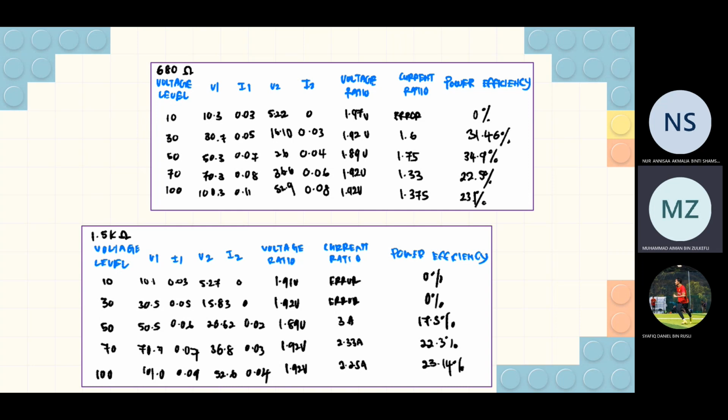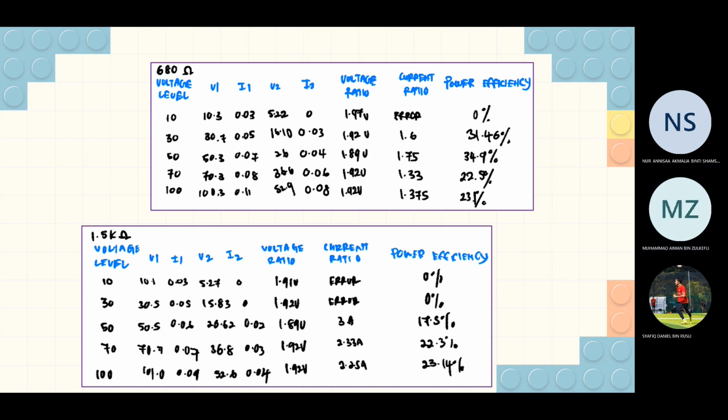For the 30 voltage level, V1 we get 30.5, I1 0.05, V2 15.83, I2 0 also, and the voltage ratio 1.92, so the current ratio is also an error, and the power efficiency is also 0.